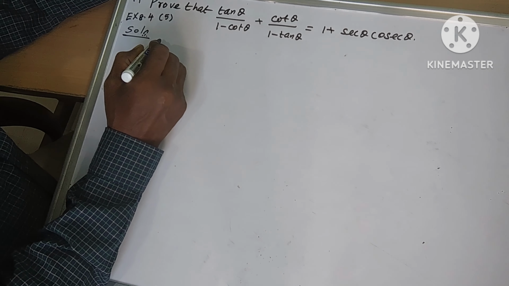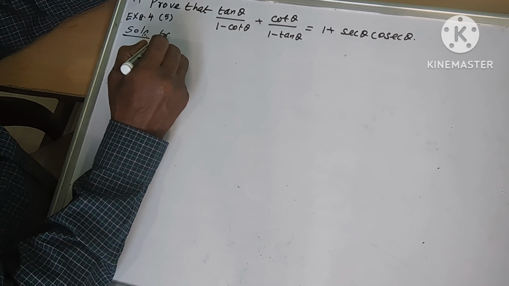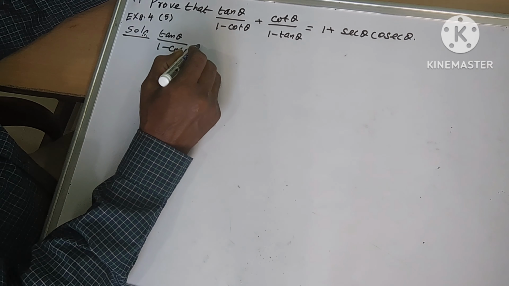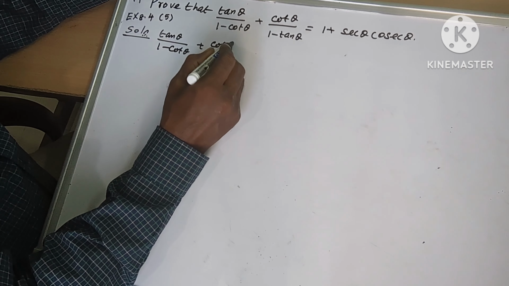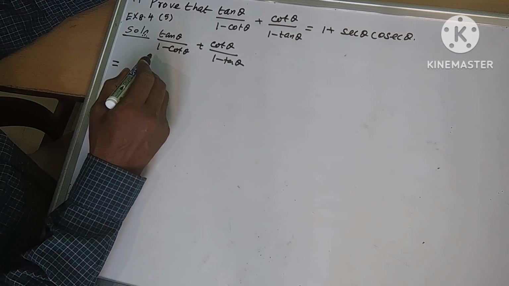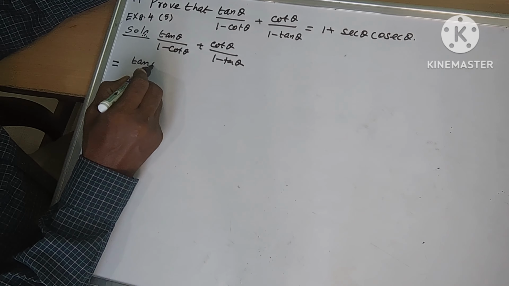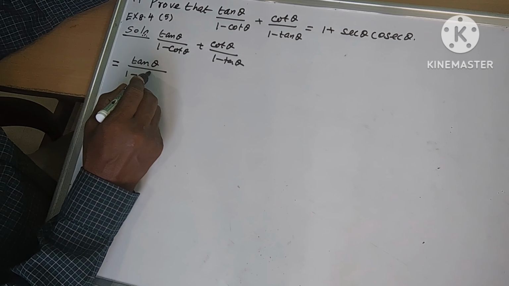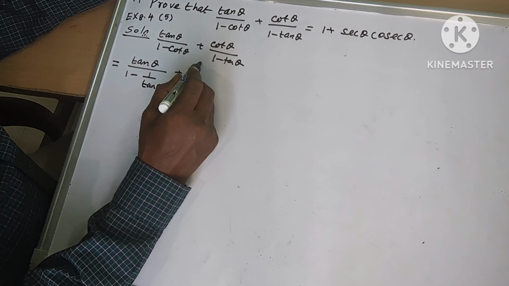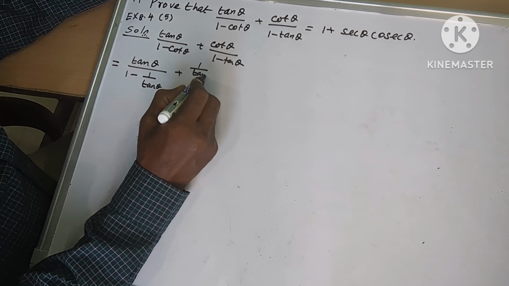Solution. Now we take the left hand side: tan theta by 1 minus cot theta plus cot theta by 1 minus tan theta. Cot theta is replaced by 1 by tan theta. This cot theta is also replaced by 1 by tan theta.